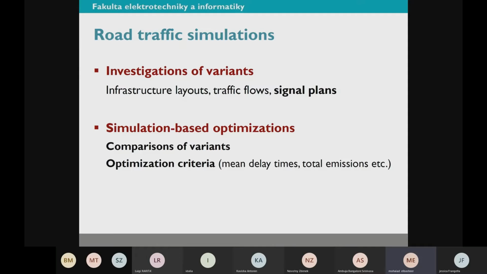Road traffic simulations support simulation-based optimizations. In this context, it means that comparisons of different variants are made, and relevant optimization criteria are applied. Examples of those criteria can be mean delay times of the vehicles or total emissions produced by the vehicles.